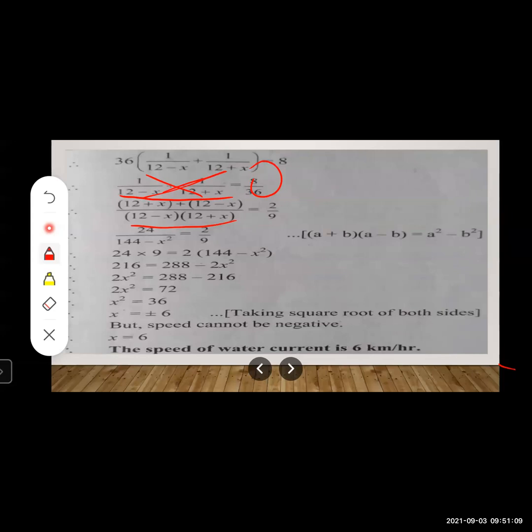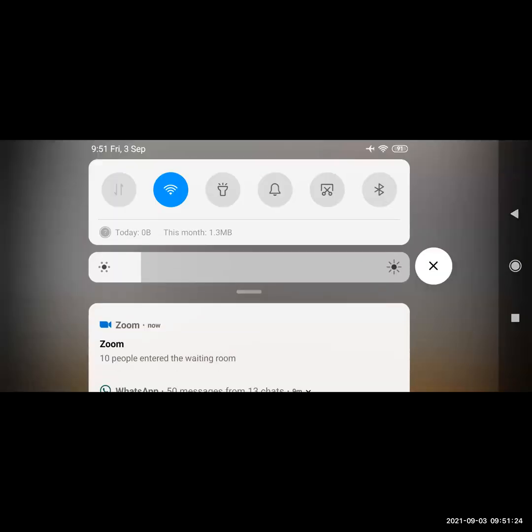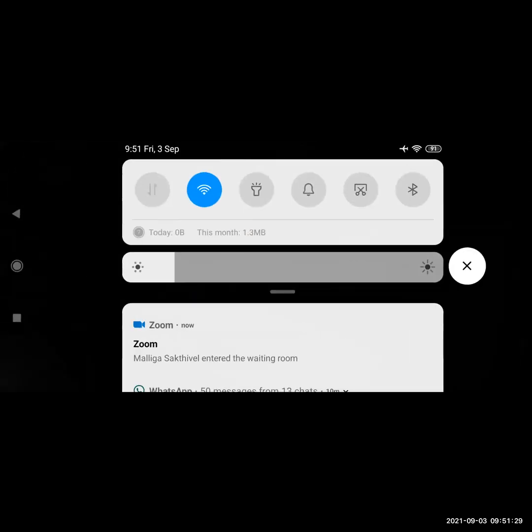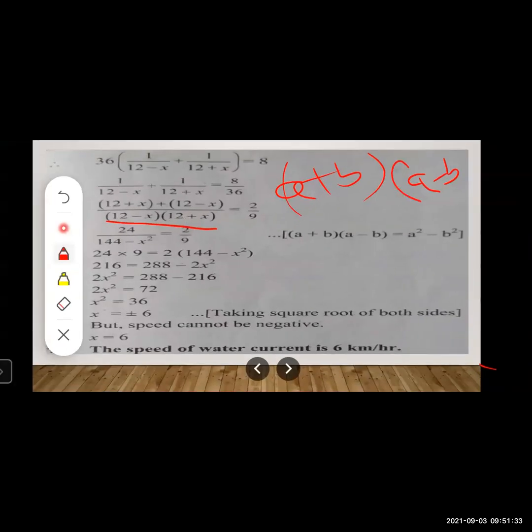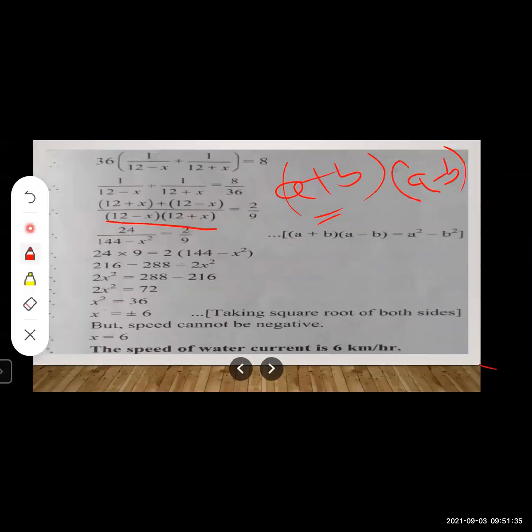Now let us concentrate on the next line. Here you can use the formula a plus b into a minus b, which gives a square minus b square. Here a is 12 and b is x.